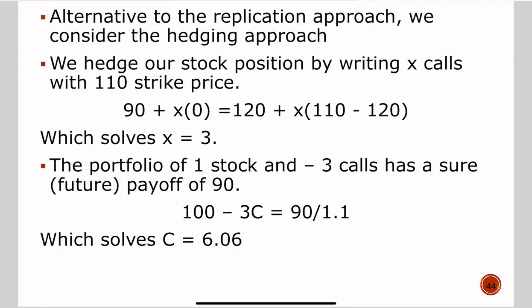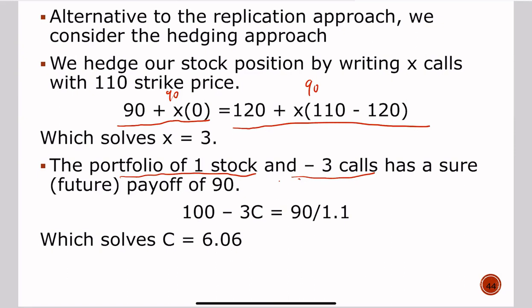Well, the reason is that if the stock price is 90, this portfolio of one stock and short selling 3 calls will give you $90. If the stock price is 120, then this portfolio of one stock and minus 3 calls will still give you 90. That is, no matter what happens, your portfolio's value is always the same. So that is hedging.